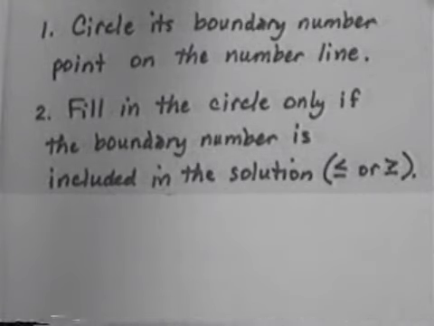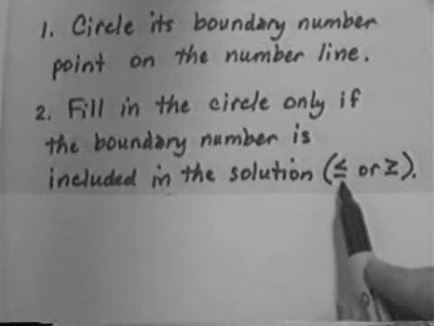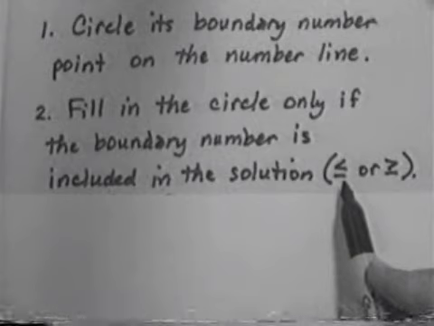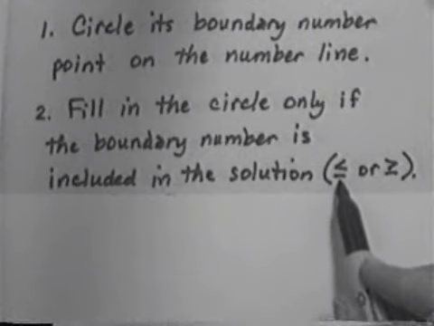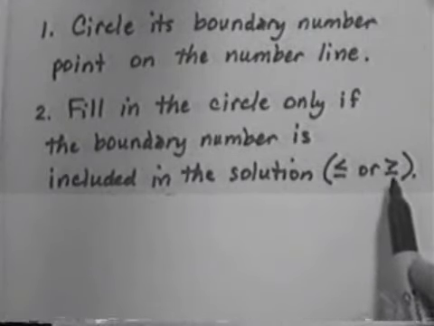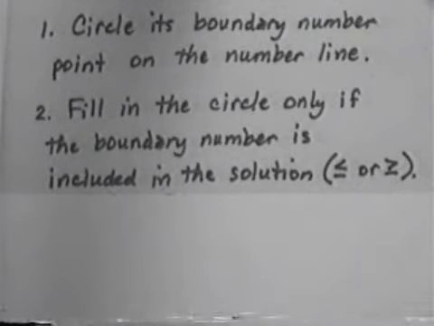How do we know? The boundary number is included in the solution if we have less than or equal or greater than or equal. The key here is we must have the equal part. The equal part must be part of the inequality for us to include the boundary in the solution.